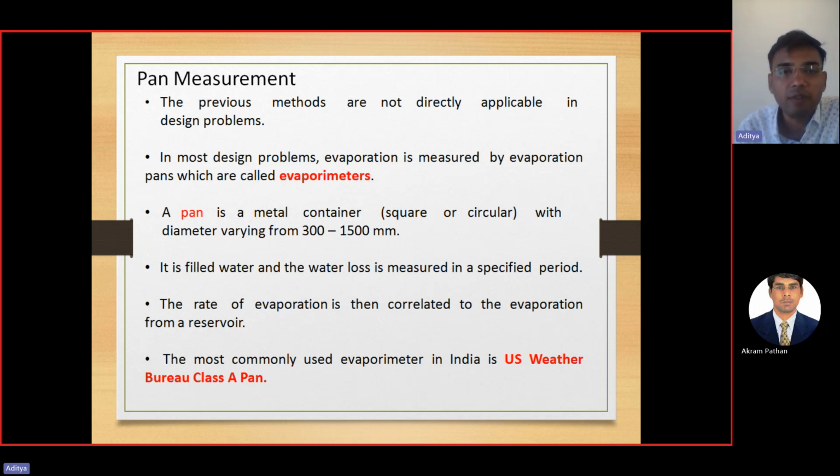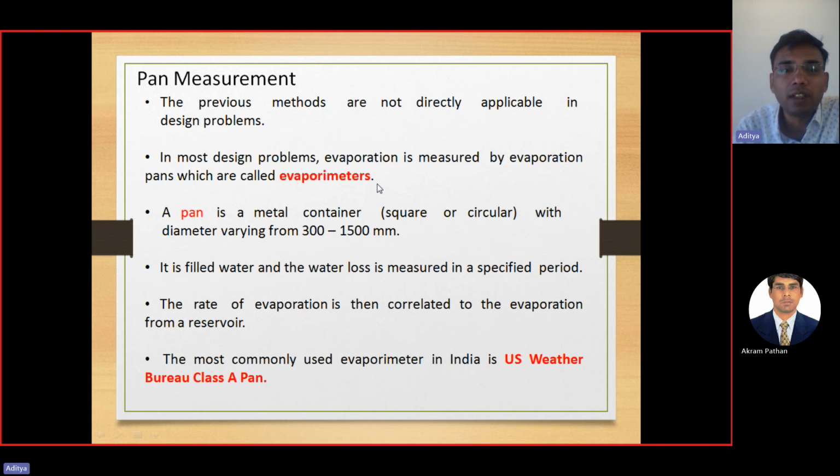It has different soil types, different land cover, different constructed areas, different plants. So it depends on so many factors, and it is unique. In most design problems, evaporation is measured by an evaporation pan, which is called an evaporometer.